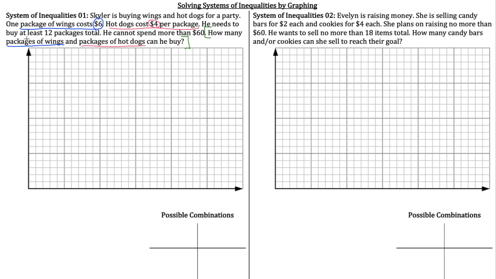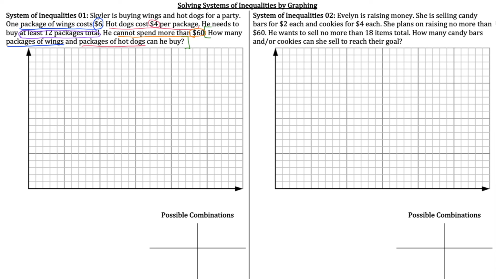He needs to buy at least 12 packages total. And then he cannot spend more than $60. Okay, we'll do it like that.